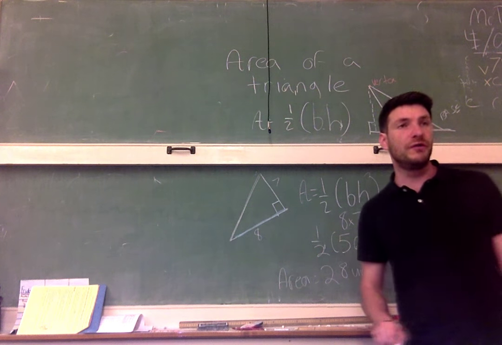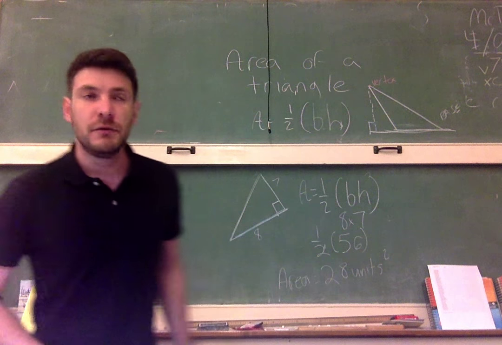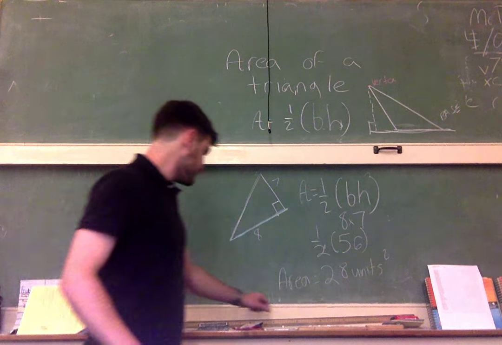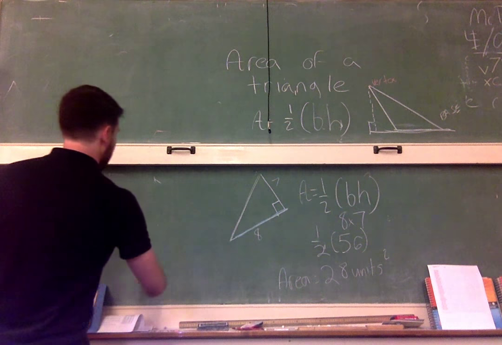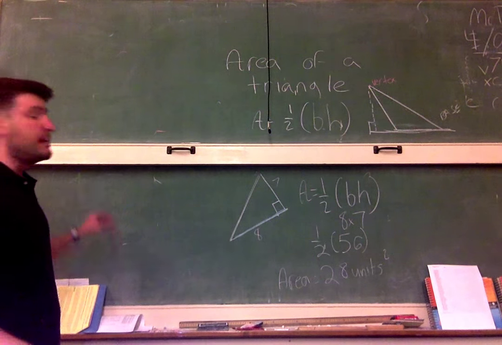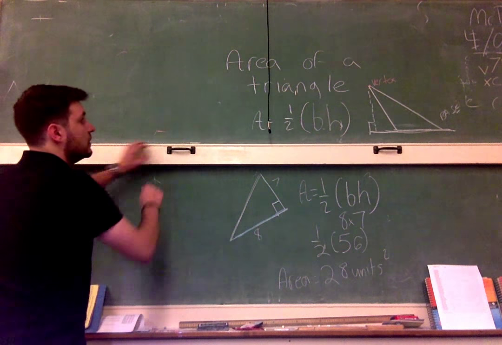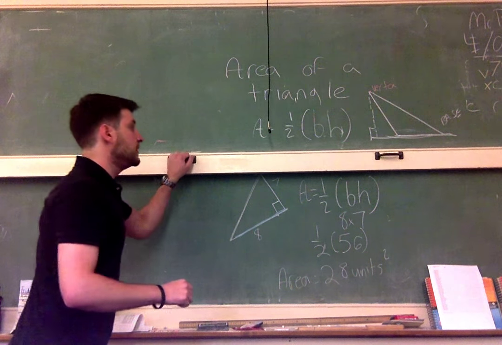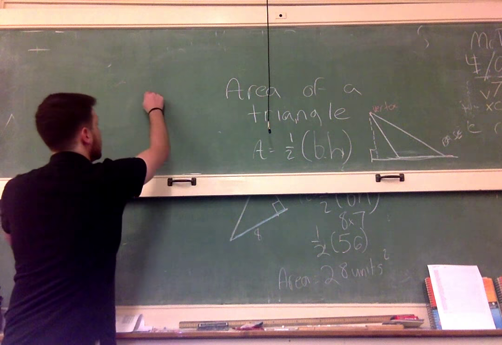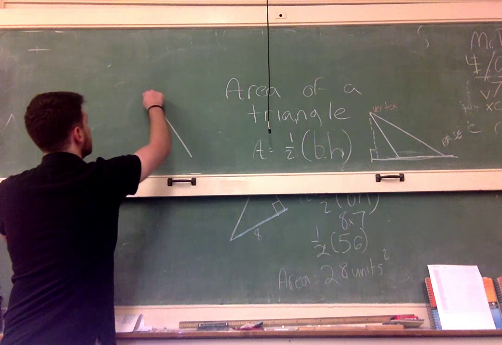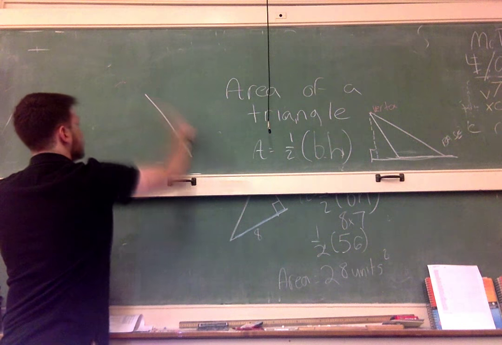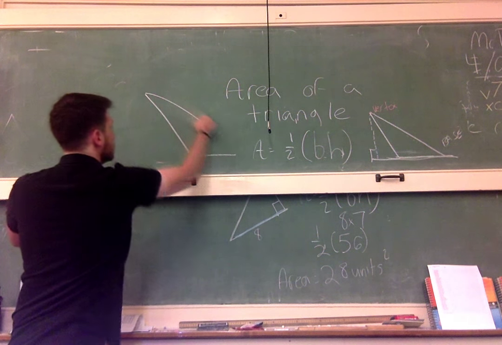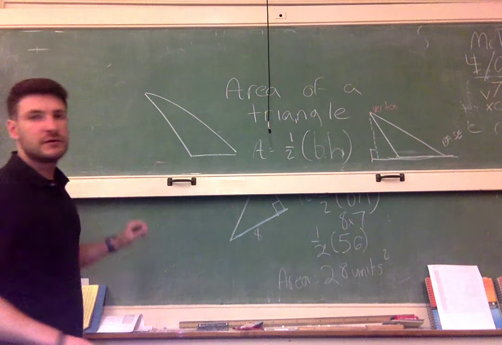Now I want to do one more with you before we move on. This one will be an obtuse triangle. I'll put this one up here. Run out of room there.